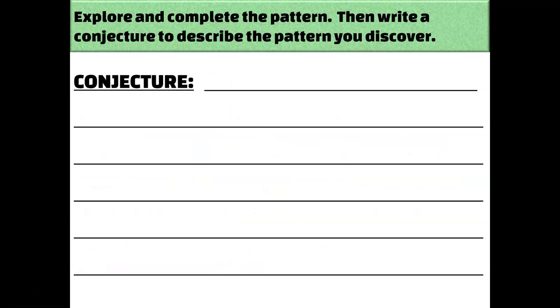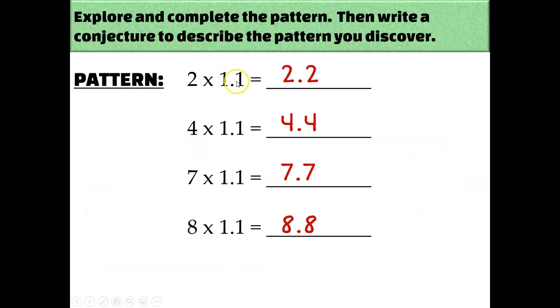If you had described it more like, if I multiply 1.1 by a number, then I get that number in front of the decimal and behind the decimal, that would be okay as well. I don't expect you to be a mathematician, but I do expect you to use as precise of language as possible. So if you just say that I multiplied 1.1 by a number and I got that number twice, well, that's not quite good enough, right?